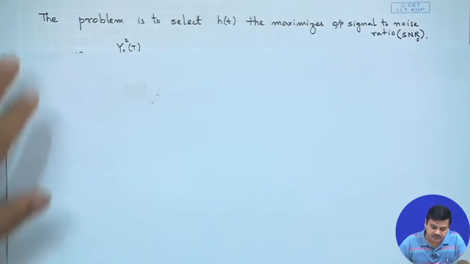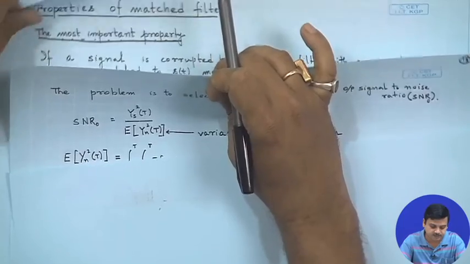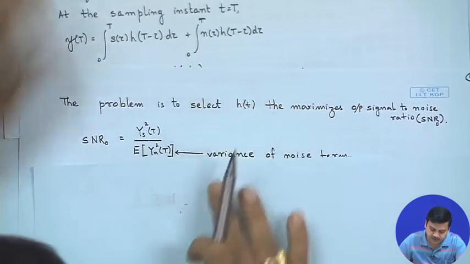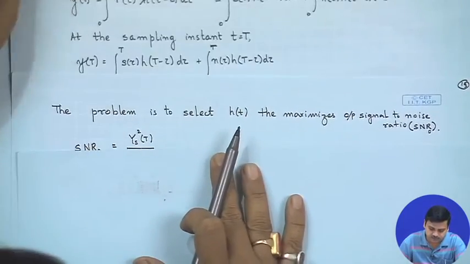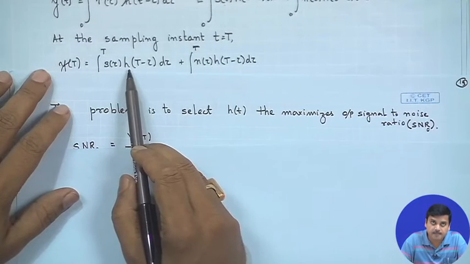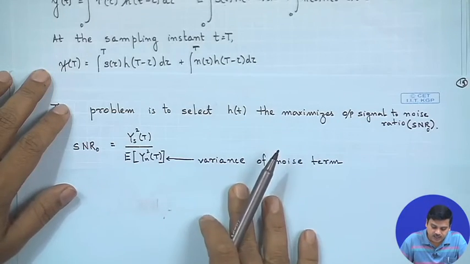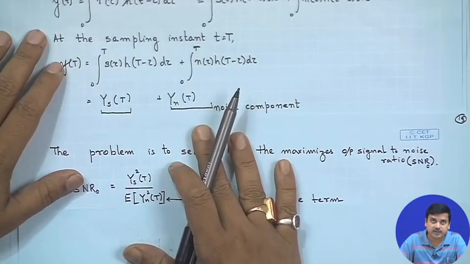So, the problem can be stated as to select h of t, to find h of t which maximizes the output SNR, and the output SNR is defined in this form.